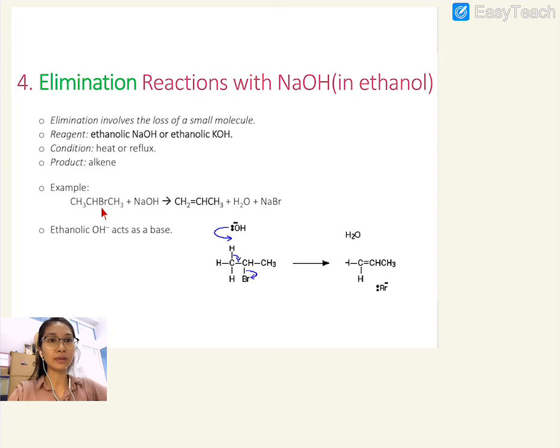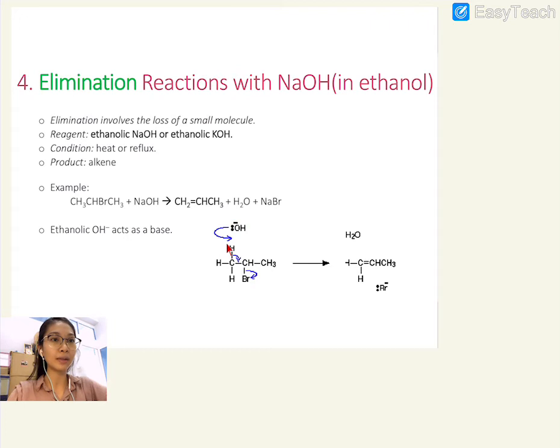Let's say we have 2-bromopropane reacting with ethanolic sodium hydroxide. We will get propene, water, and sodium bromide. Okay, here will be the mechanism. We have our OH minus acting as a base.